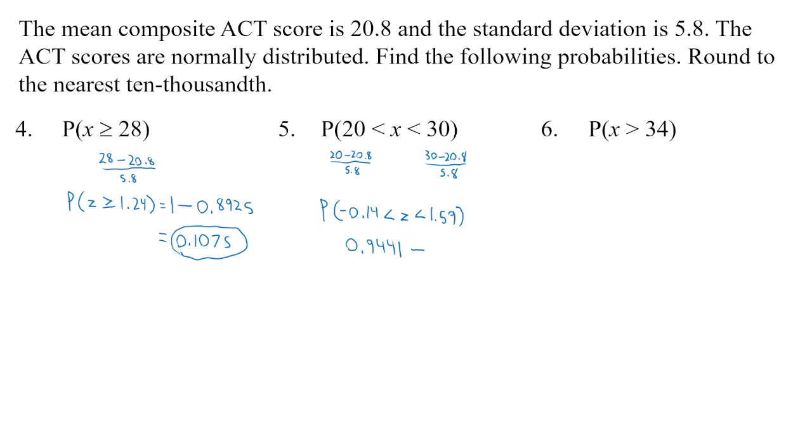So we got negative 0.14, and that will be 0.4443. So now that we found the two probabilities, all you got to do is subtract.